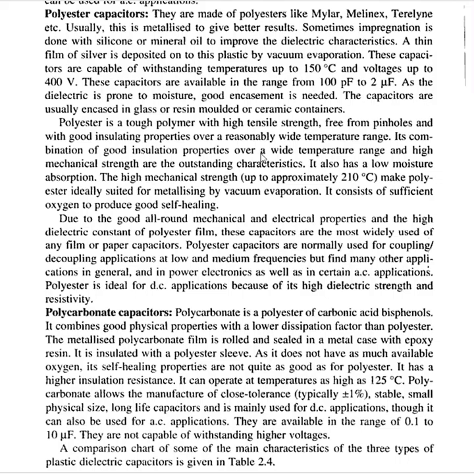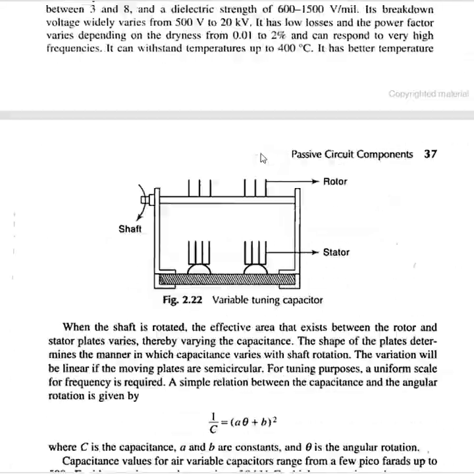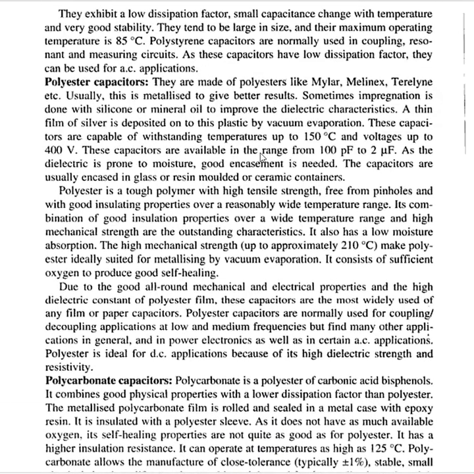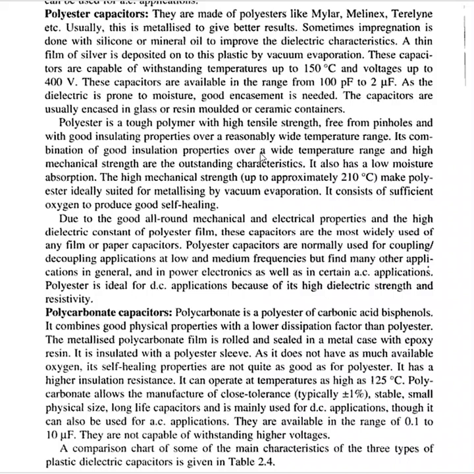It also has a low moisture absorption. The high mechanical strength makes polyester ideally suited for metallizing by vacuum evaporation.